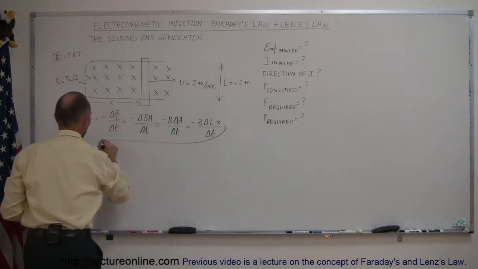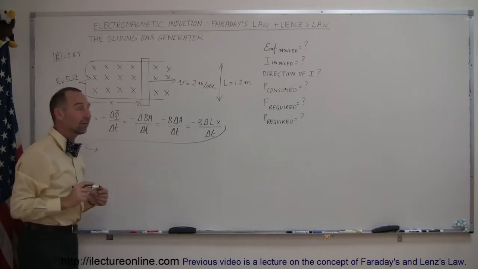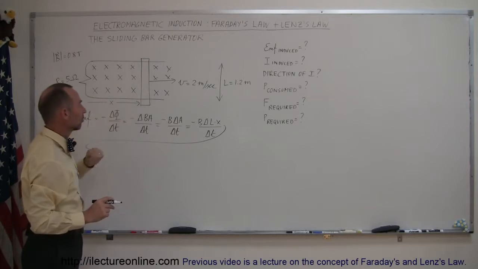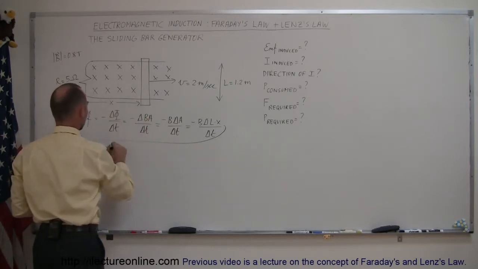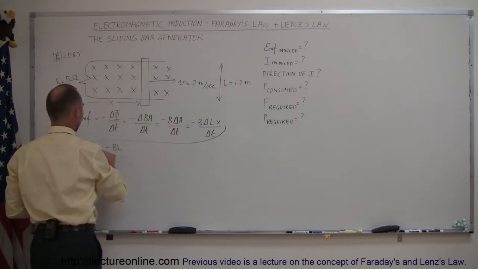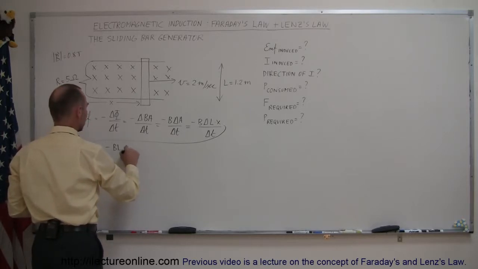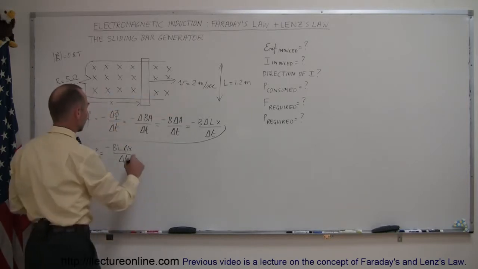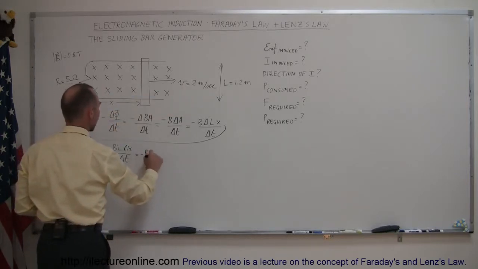Now you can see here that the L will be a fixed value. The distance between the lines here doesn't change, so the L can come outside. So this is minus B times L times the change in X over time. And of course, the change in X over time is the same as the velocity. So this can be written as minus BLv.